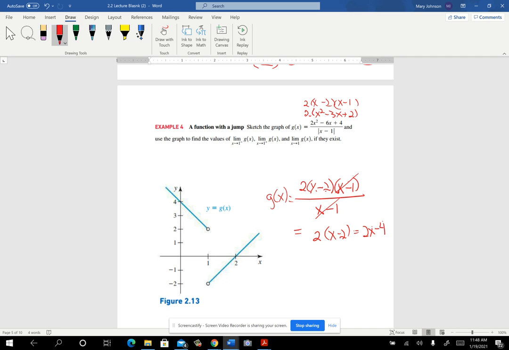And so that's what this is right here. This would be the line y equals 2x minus 4. It would start at -4 and then have a slope of 2. All right, the thing is, that's not just x minus 1. That's the absolute value of x minus 1.